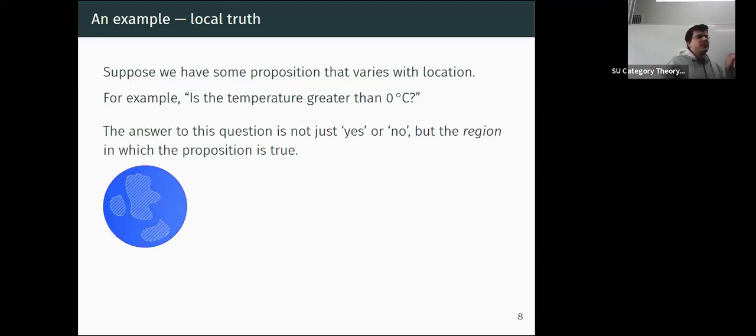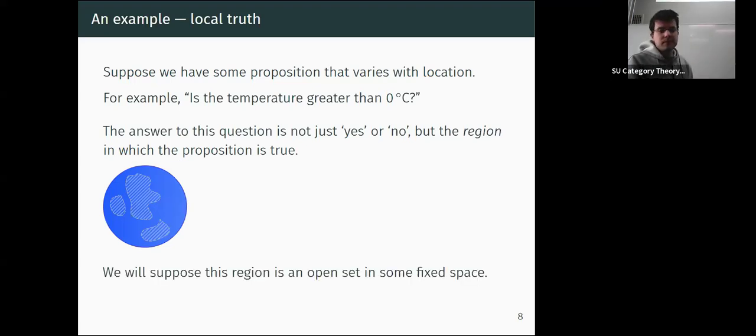So it's not just a yes or no question. Yes, the temperature is greater than 0 degrees. No, the temperature is not greater than 0 degrees. We're going to have some region on the Earth where this is true. So let's suppose that this region is an open set in some topological space.